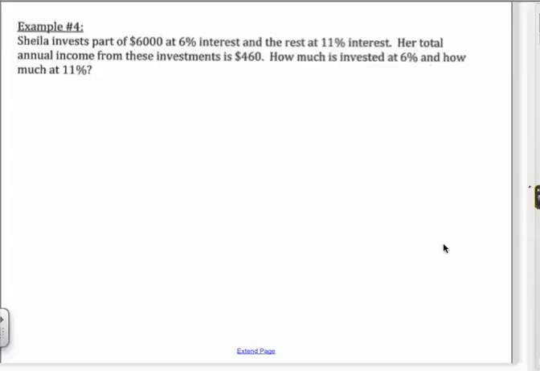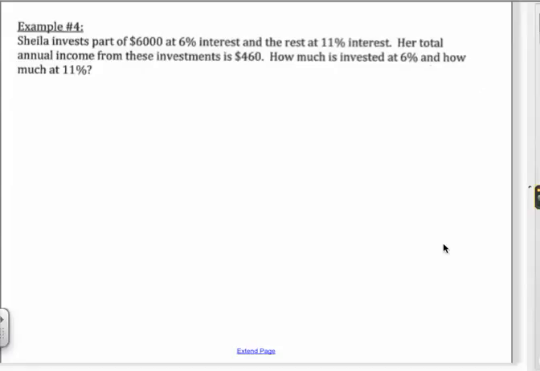Example 4. Now let me read through it first. Okay. Jackson, example 4 says Sheila invests part of $6,000, not all of it. She's got $6,000 she's going to invest, but she invests part of it at 6% interest, and the rest at 11% interest.